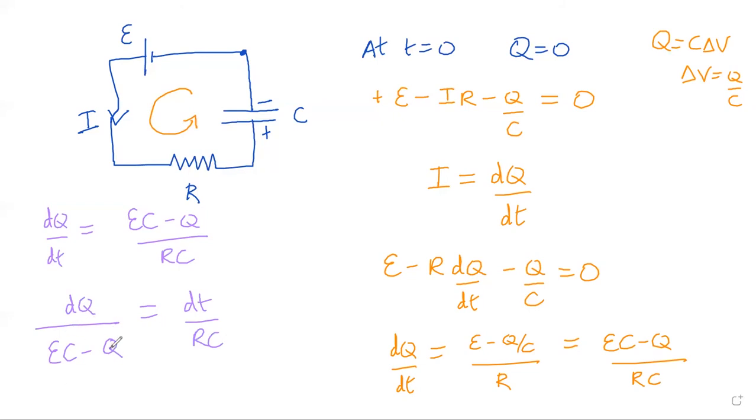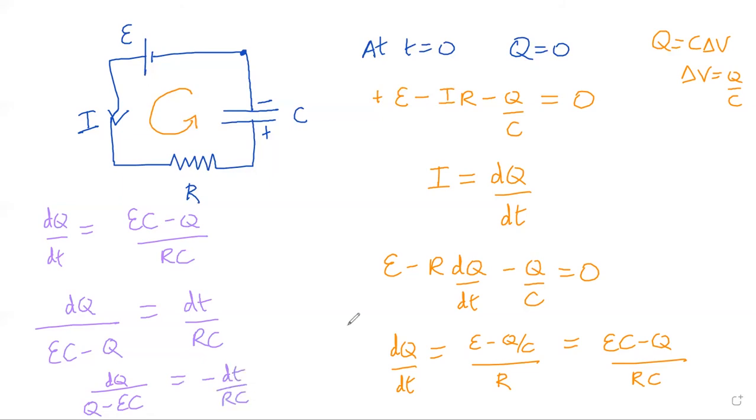To make life simpler, I don't really want this minus sign on the Q, so I'm going to pull out a minus sign and move it to the other side. Or you could say multiply both sides by a minus sign. And so I get dQ over Q minus EC is equal to minus dt over RC.